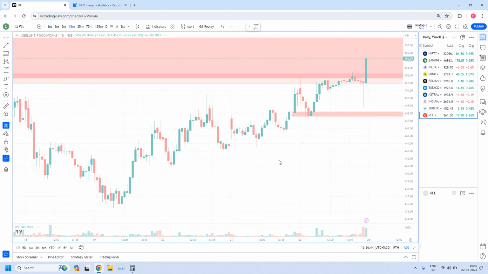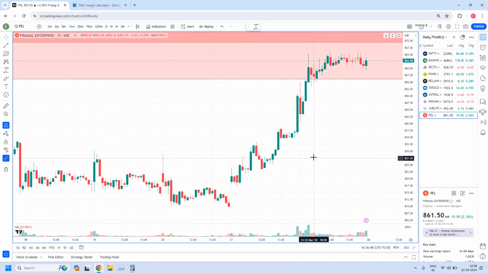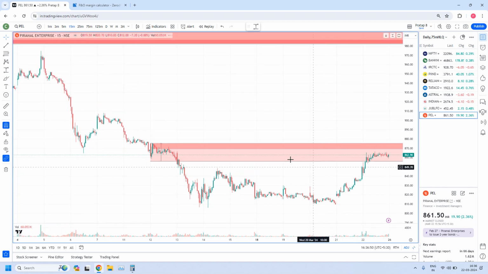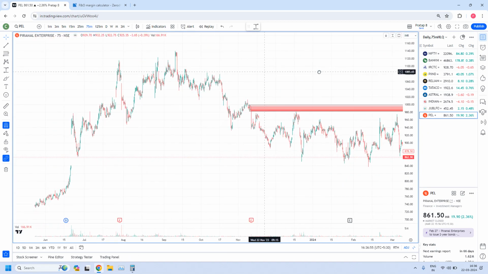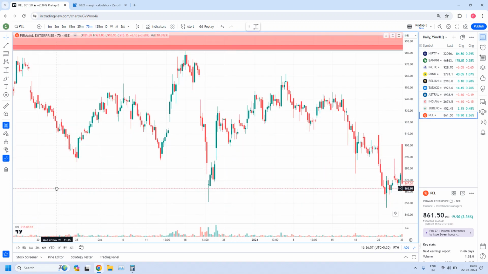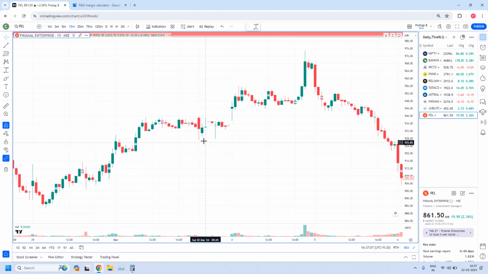And the last one is PEL, Piramal Enterprises. This is a 75 minutes high liquidity zone. We have a drop, two base candles and a drop, and we fine-tuned with the 15 minutes time frame.